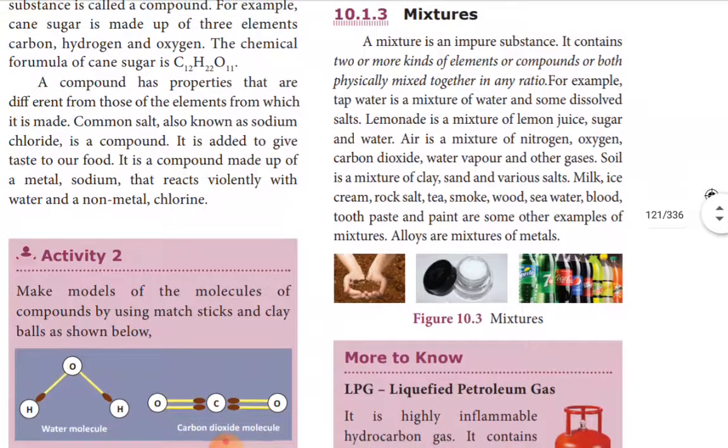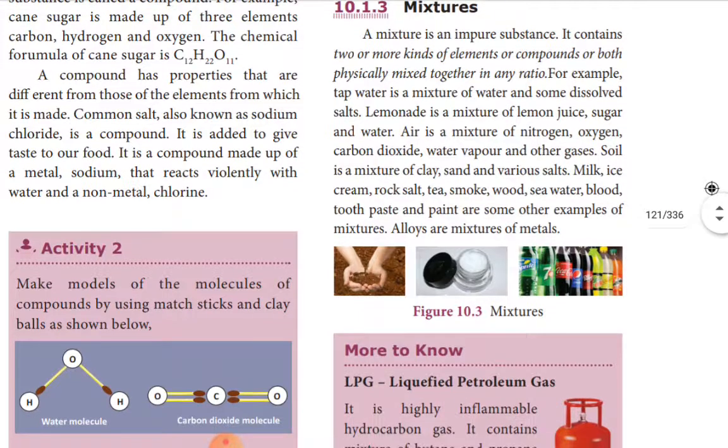Similarly, you can take the example of common salt, which we use in our kitchen, which is called sodium chloride. Sodium chloride formula is NaCl. Na is sodium, Cl is chlorine. So there are two components in sodium chloride, sodium and chlorine. Sodium is a metal and chlorine is a non-metal.